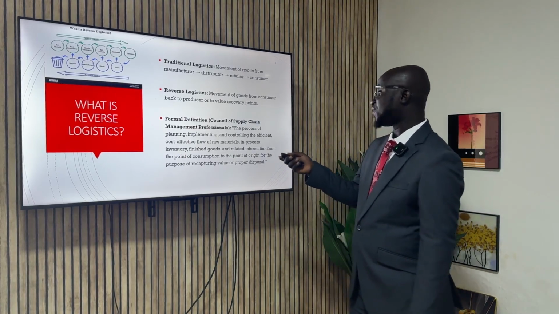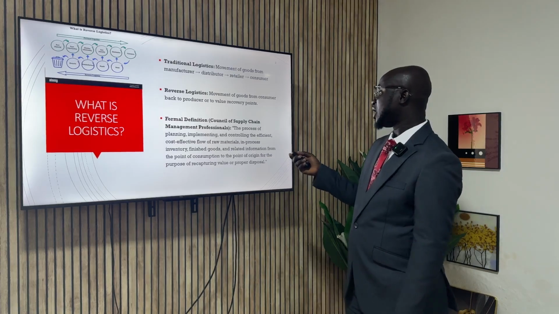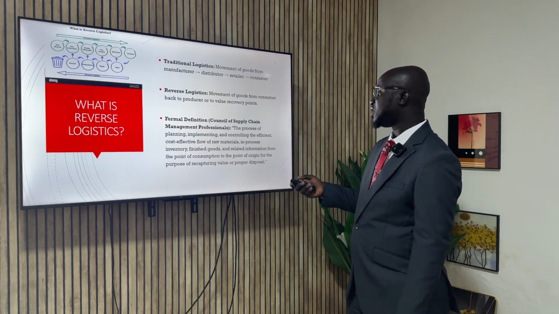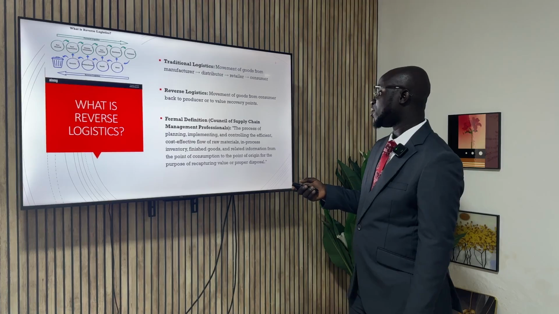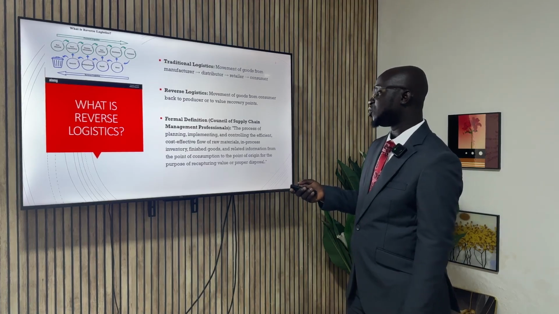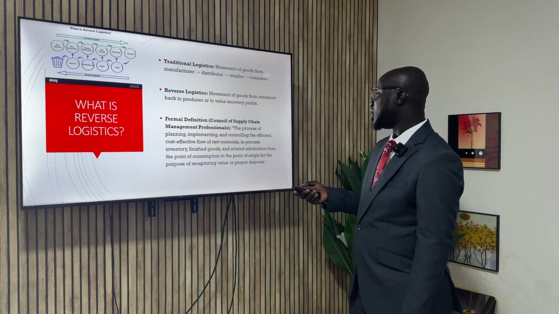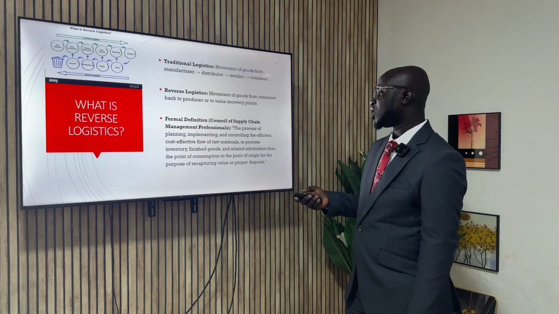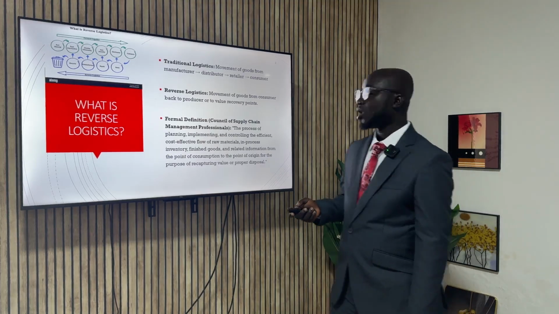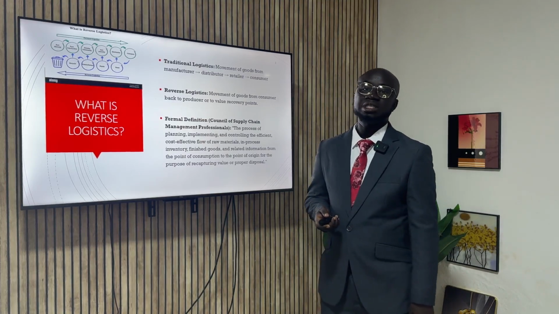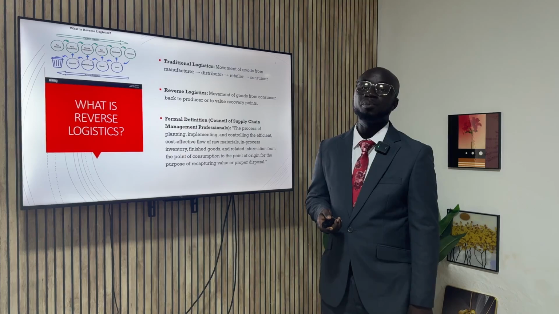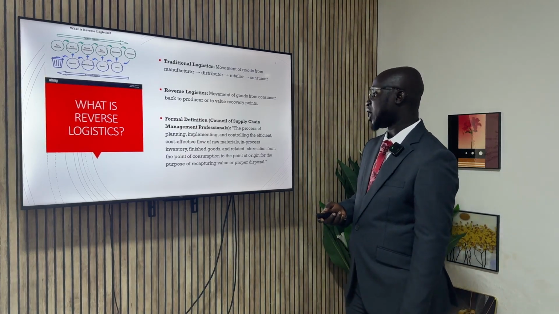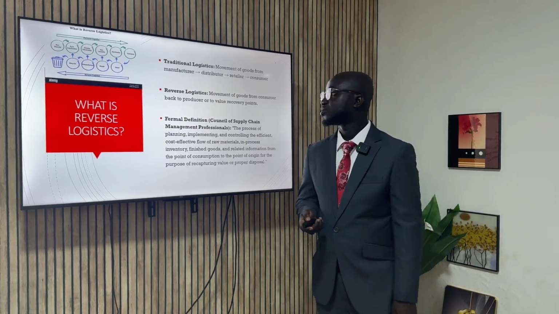The formal definition says it's the process of planning, implementing, and controlling the efficient, cost-effective flow of raw materials, in-process inventory, finished goods, and related information from the point of consumption to the point of origin for the purpose of recapturing value and proper disposal. So reverse logistics is not just returns. It's a complete system where we are looking at proper disposal and recapturing value.